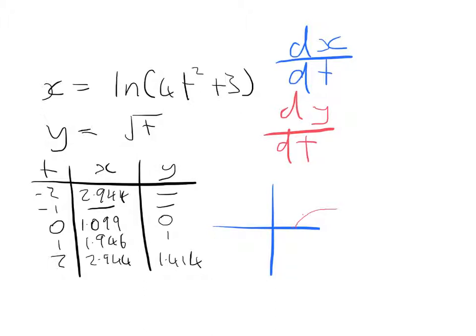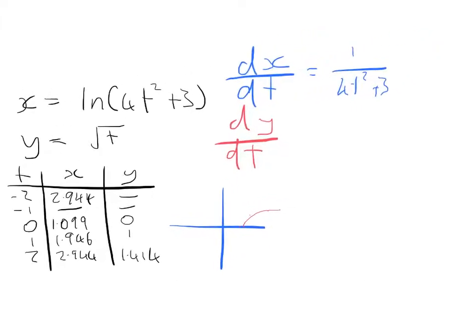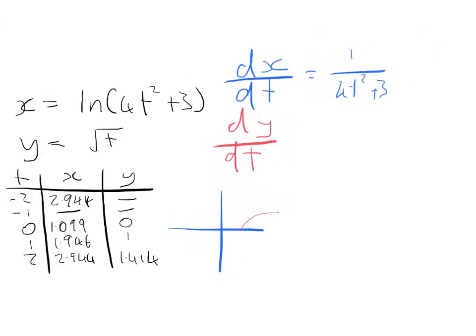So dx over dt, well, it's 1 over 4t squared plus 3 times the differential of what's inside, which is 8t.